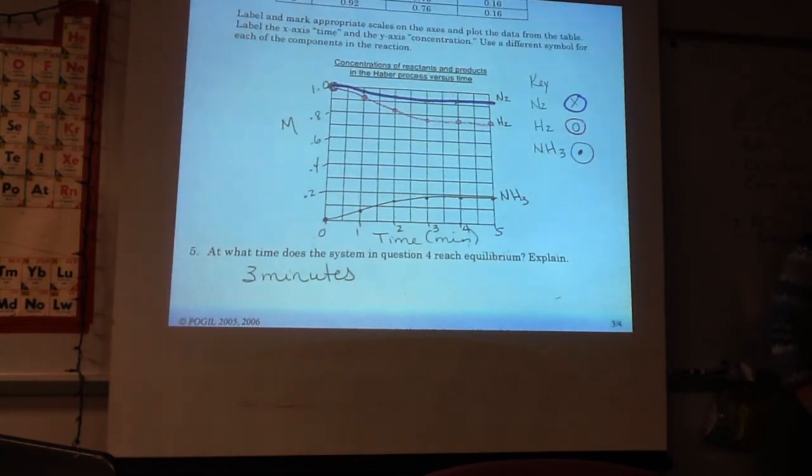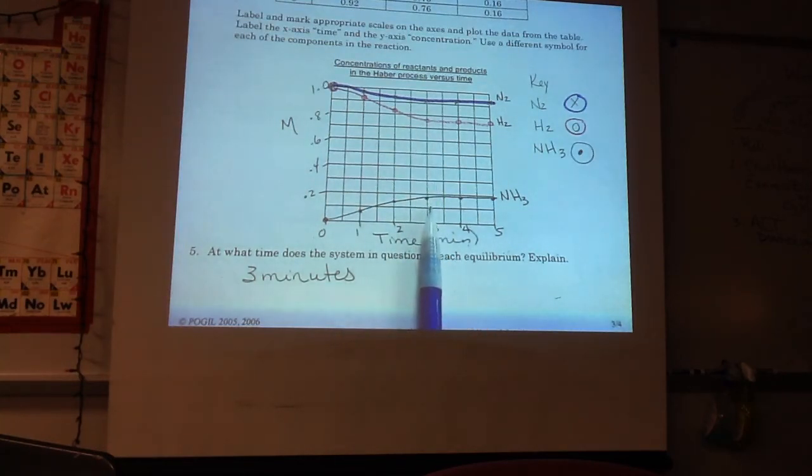So this is a nice graph to illustrate molarity is not equal left to right in an equilibrium reaction, but rate is equal, and to analyze where it's equal is where your moles start to become stable, and in my mind it was right around time of 3 minutes.